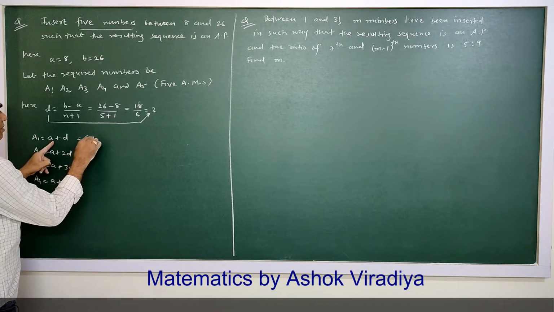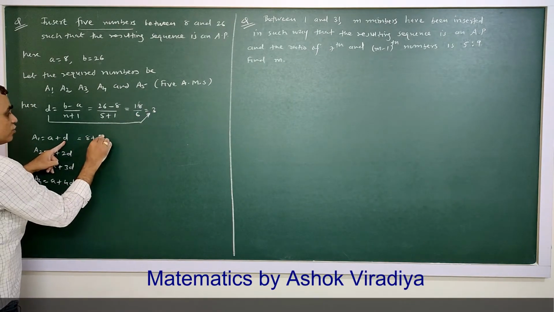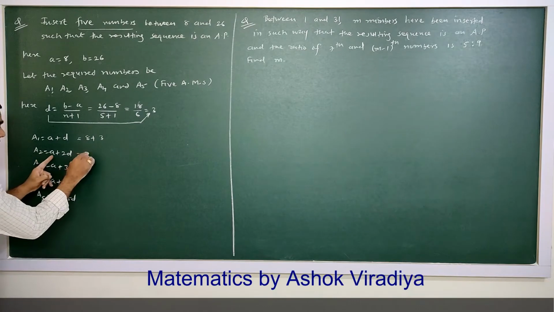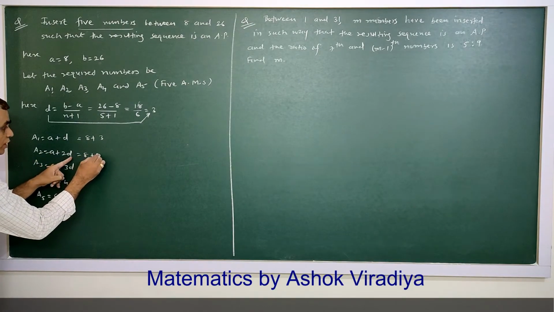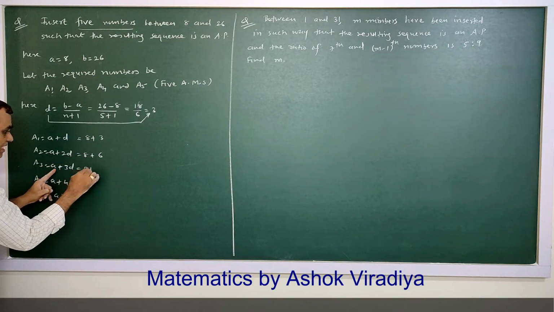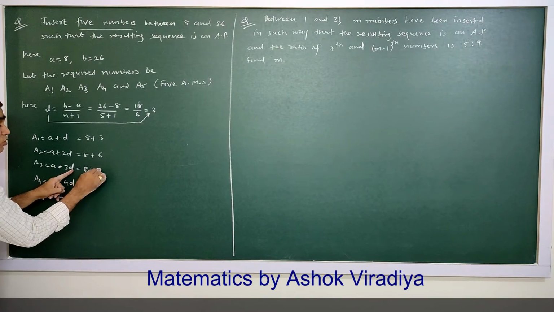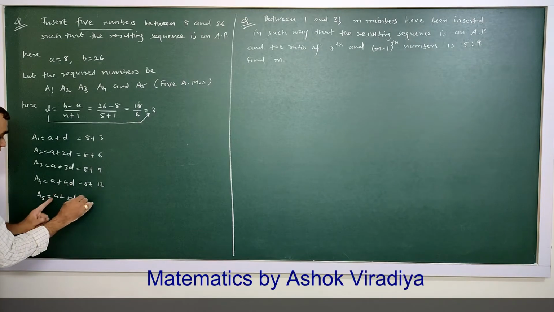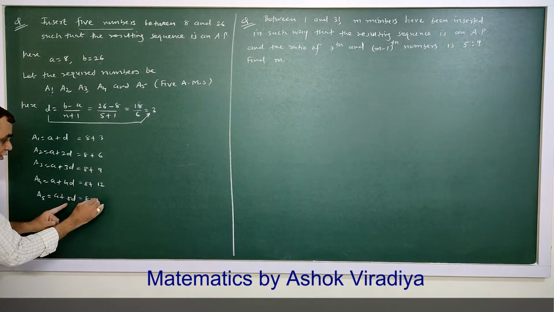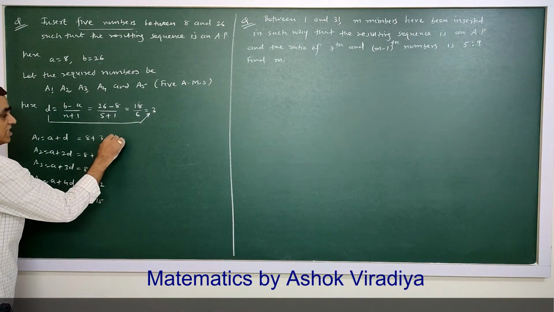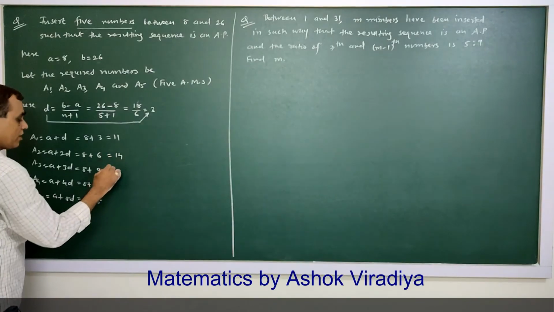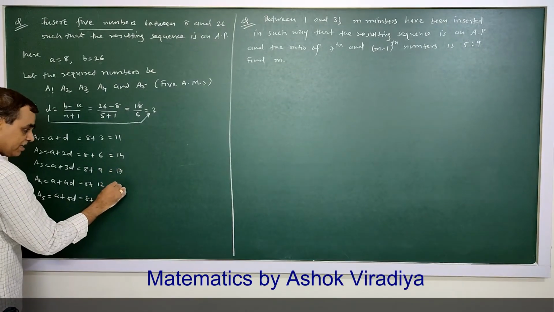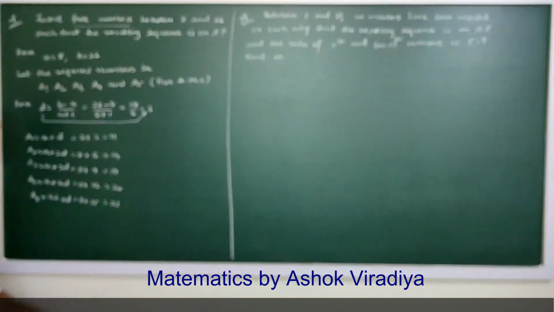So 8 plus D, what is D? 3. This will be 8 plus 2 into 3, 6. This will be 8 plus 3 into 3, 9. So 8 plus 3 into 4, 12. 8 plus 3 into 5, 15. So this is 11, 14, 17, 20, 23.